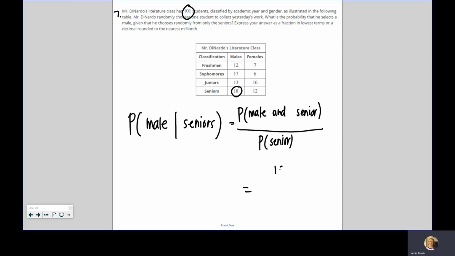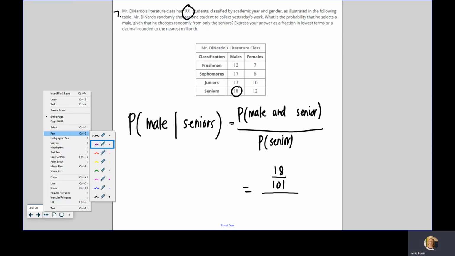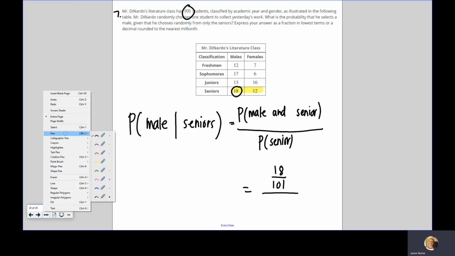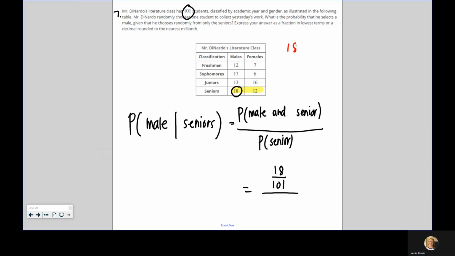Probability of senior is this whole row right here, so 18 plus 12, that is 30. So 30 out of the 101 students were seniors.